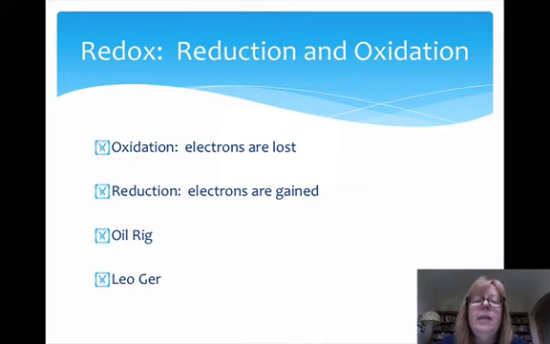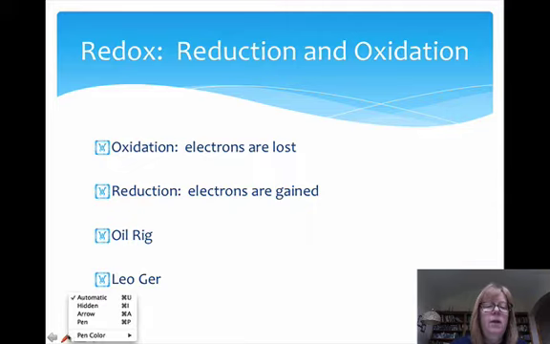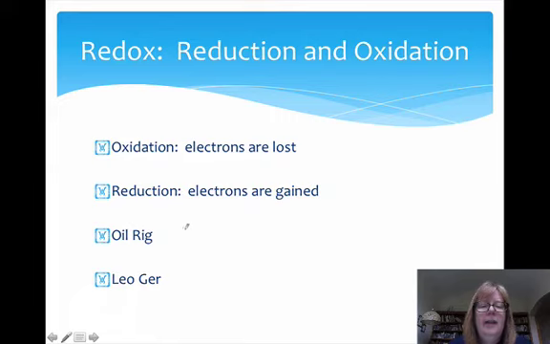The one is OIL RIG. The O stands for oxidation, and so here's what it is. The OIL: oxidation is losing electrons. So that's the way we remember this definition for oxidation.